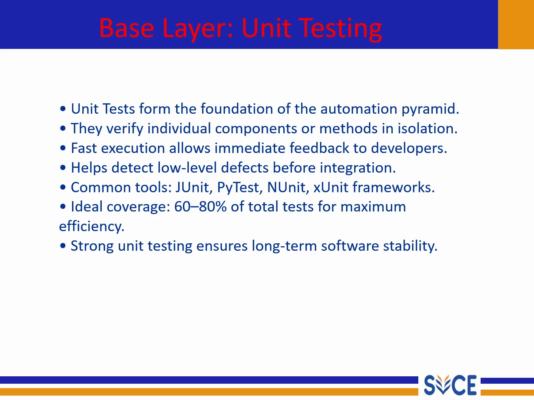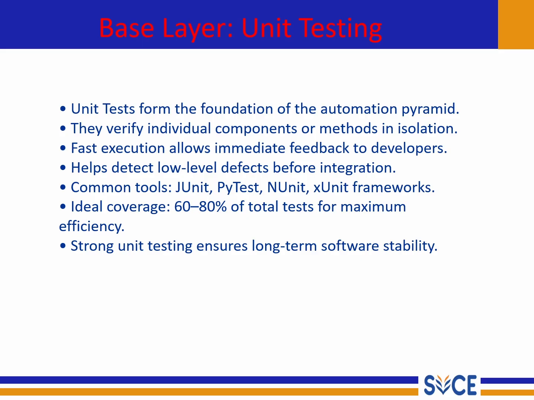They help in detecting low-level defects early, before the modules are integrated with each other. The common frameworks used for unit testing include JUnit for Java, PyTest for Python, and NUnit for .NET and other xUnit frameworks.